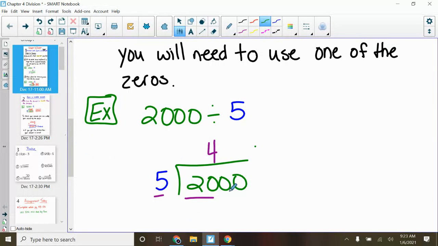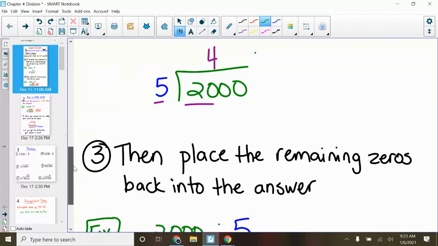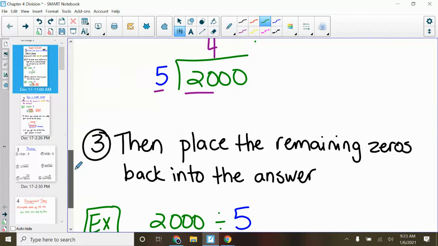All right, so now what do I do with these extra zeros here? Well, let's look down below. The last and final step says, then you just place the remaining zeros back into the answer. So once you have divided the numbers that are not zeros first, so 5 went into 20 4 times, now all I have left to do is put the leftover zeros back inside my answer.